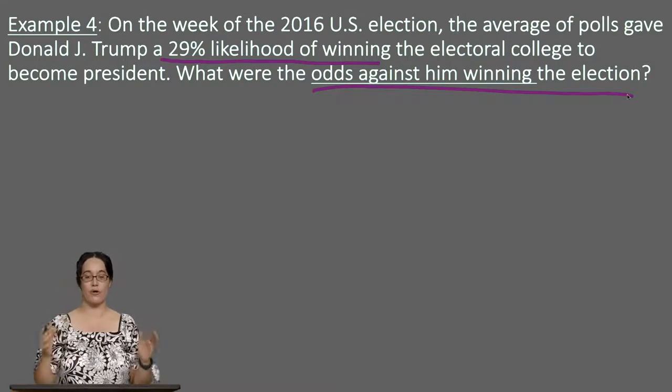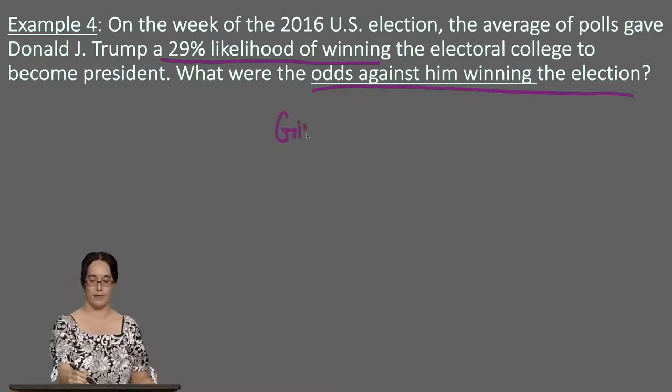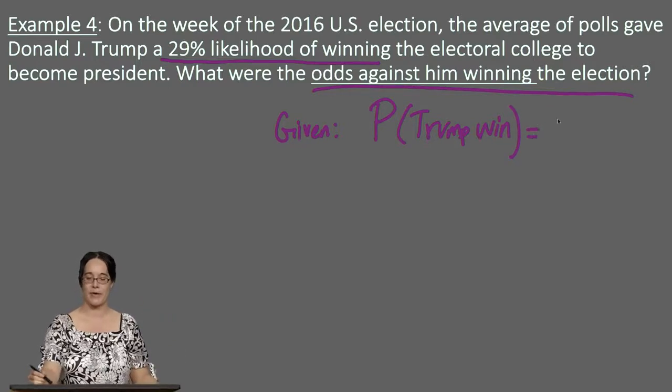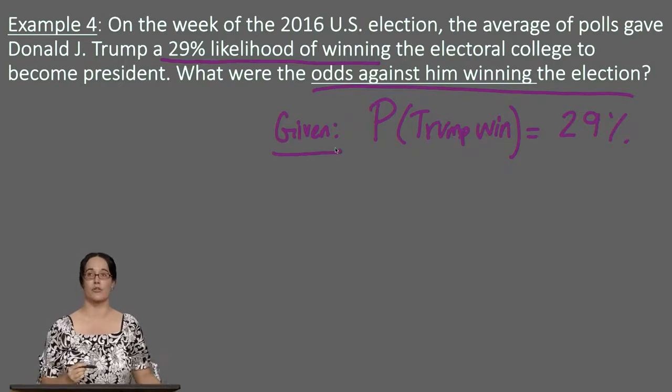Okay, so what you notice here is you're given the probability that Trump would win, according to the average of all the polls at that point in time. Every day was a little bit different, but the day I checked, that was what it was that week. So that was 29%. Now, what are they asking you to do?